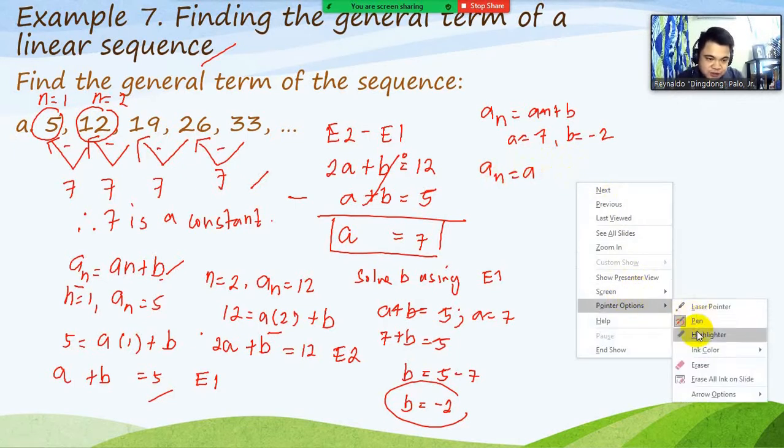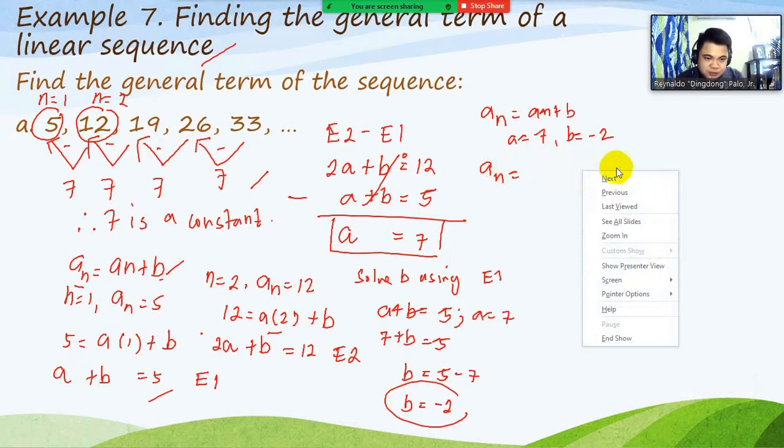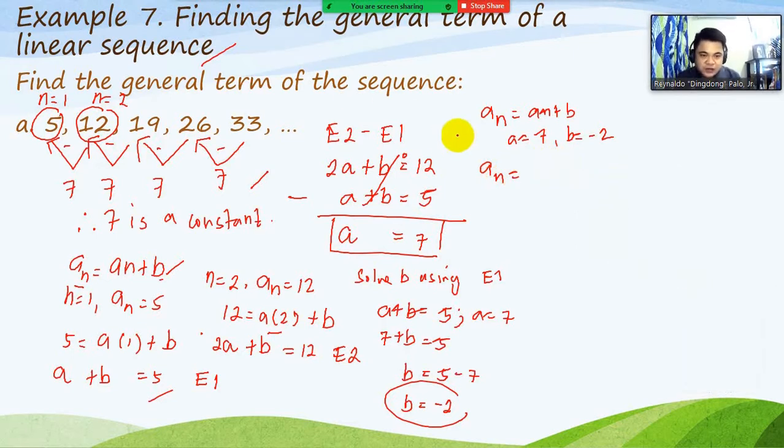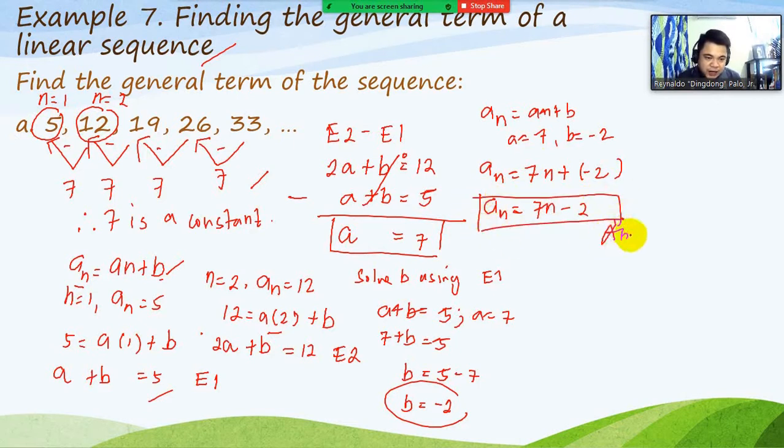Let's erase this first. So the value of a is 7, n plus negative 2, or simply a sub n equals 7n minus 2. This will serve now as your final answer.